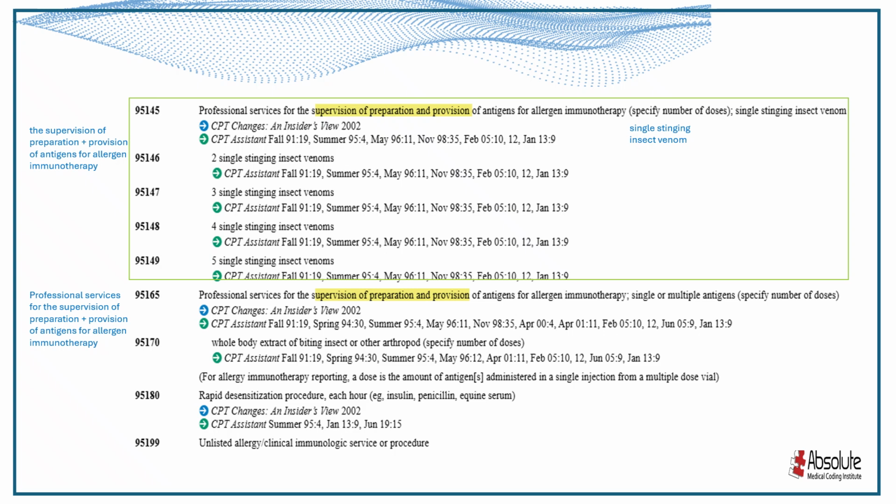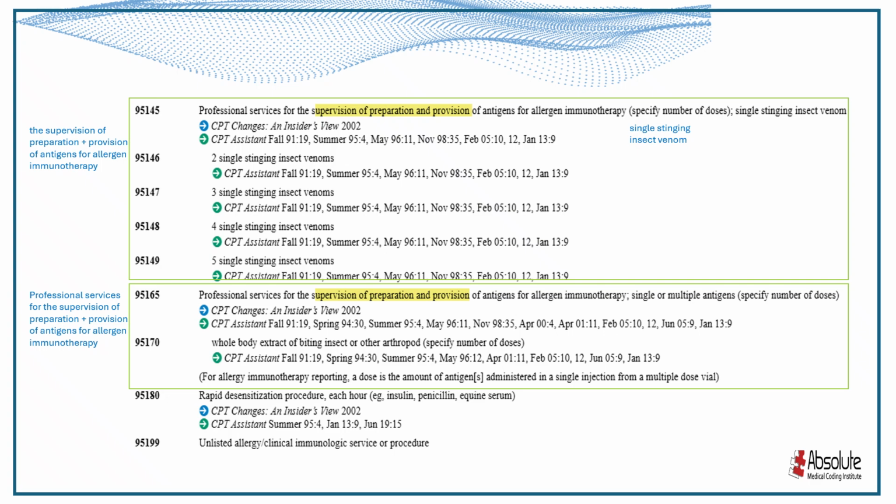Next, we have CPT code 95165, which is for supervision of preparation and provision of antigen, single or multiple antigens, while 95170 is for whole body extract of biting insect or other arthropods. Next, we have code 95180, which is for rapid desensitization procedure, for each hour.